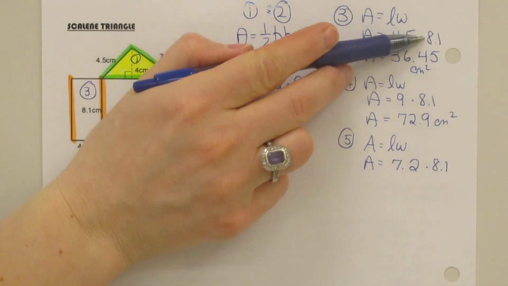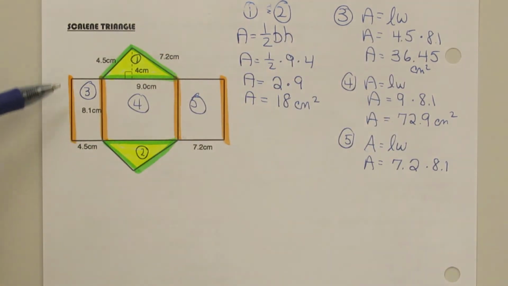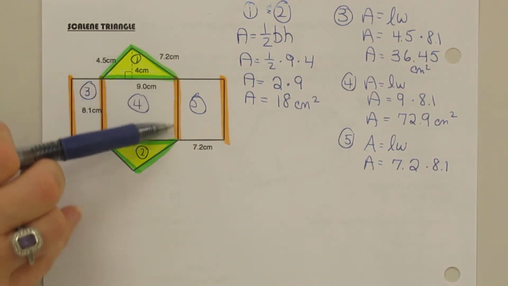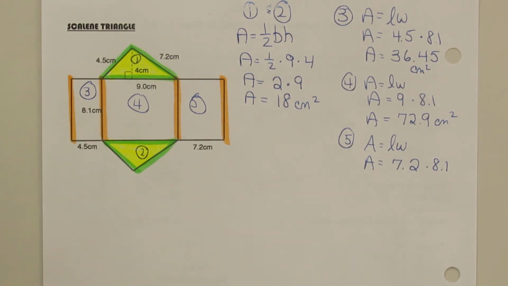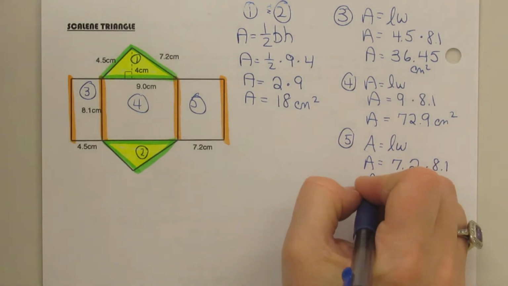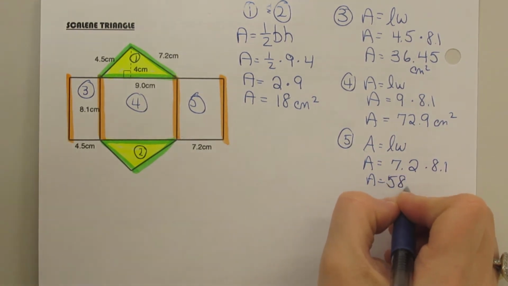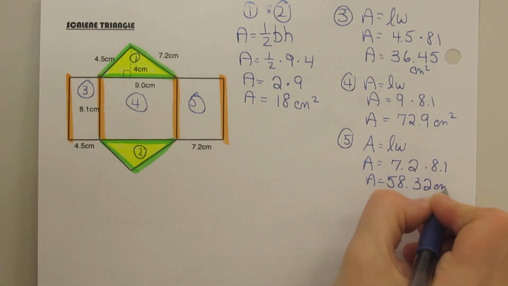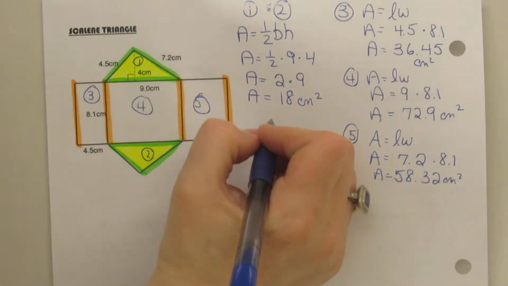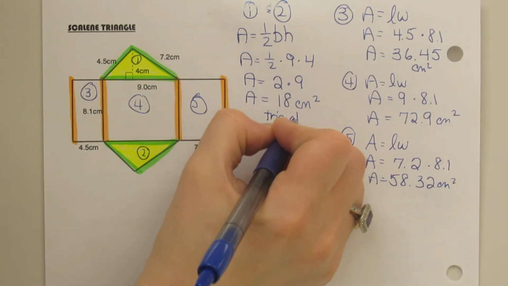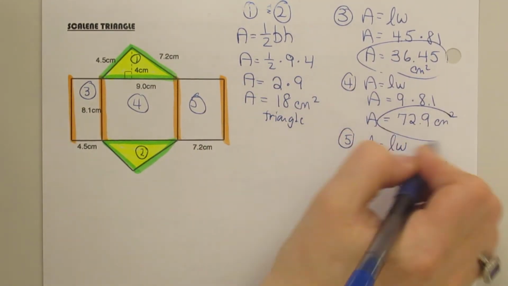Notice all 3 rectangles use the 8.1 because all 3 rectangles are 8.1 for their length or width, whichever one you want to call it. And we would have 7.2 times 8.1, and we'd get 58.32 centimeters squared.